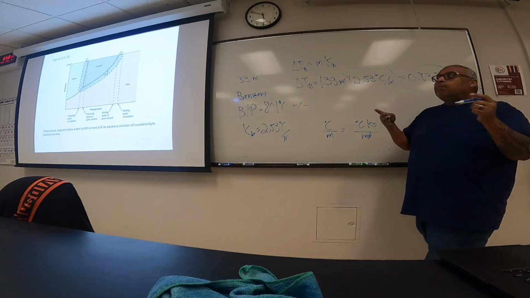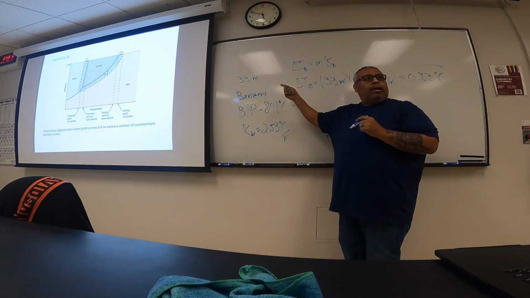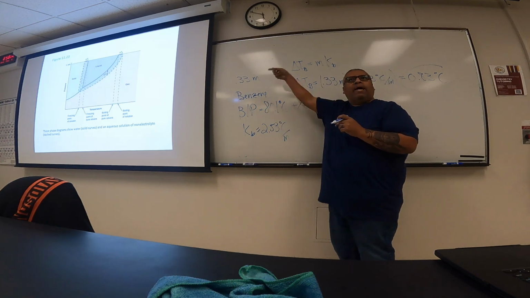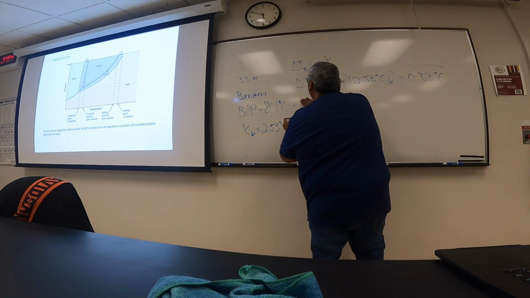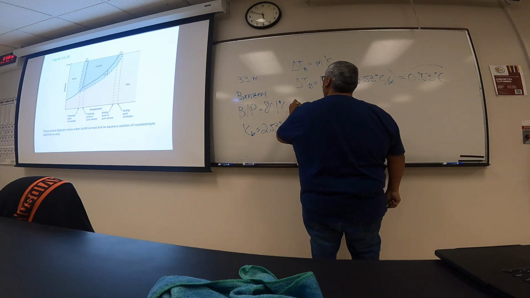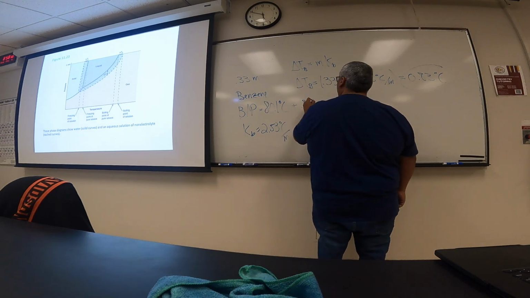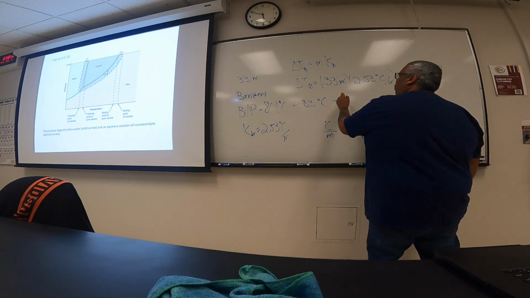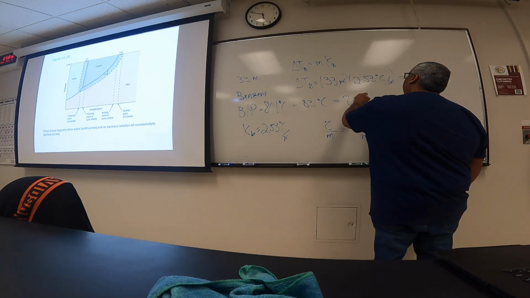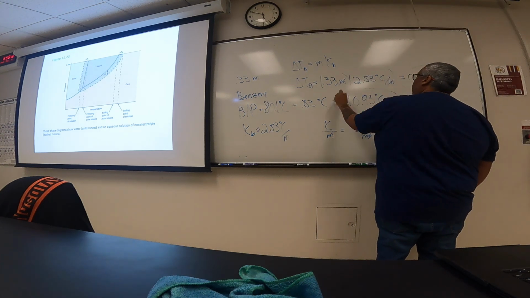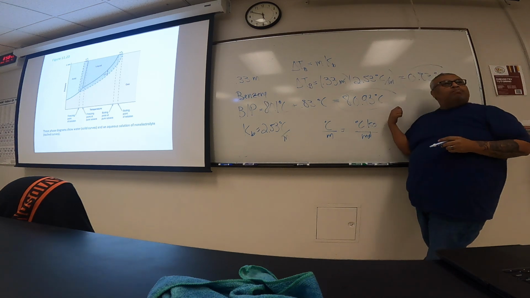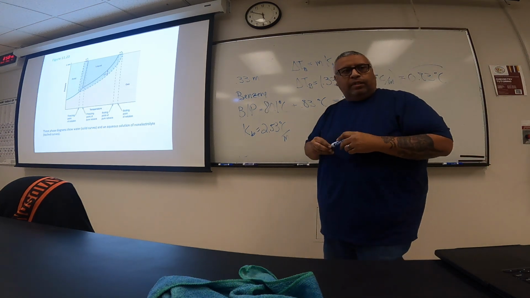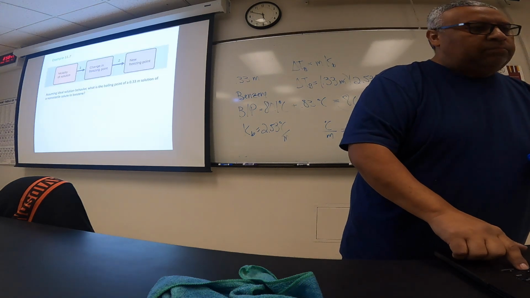We're adding to it because this is boiling point elevation. We increase the boiling point when we add in a solute. So we're going to add 0.83 degrees Celsius to that. So now we are at 80.93 degrees Celsius as the new boiling point. So we are increasing that boiling point there.